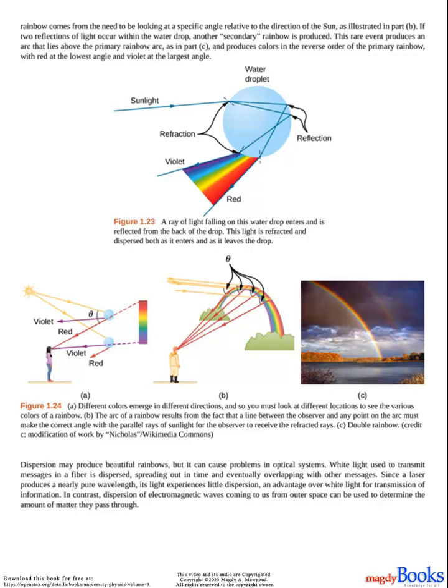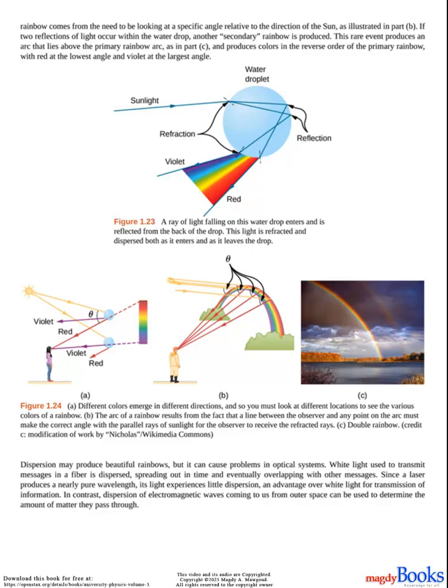This light is refracted and dispersed both as it enters and as it leaves the drop. Figure 1.24. A. Violet. Red. Theta. A. Different colors emerge in different directions, and so you must look at different locations to see the various colors of a rainbow.